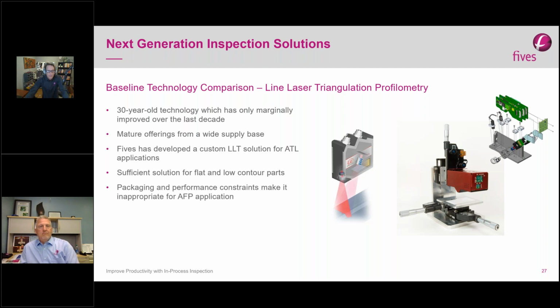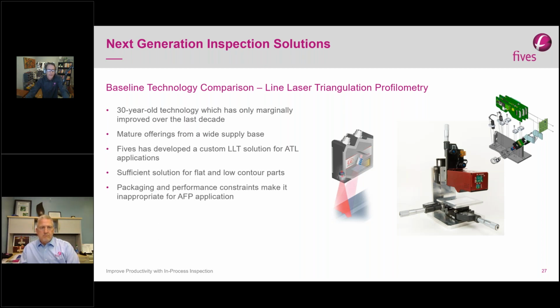So now let's go back, and before we continue about OCT, let's see how it compares to the incumbent technologies which have been used before, called line laser triangulation, or LLT. LLT technology has been used for over 30 years and it hasn't really improved much in the last decade.